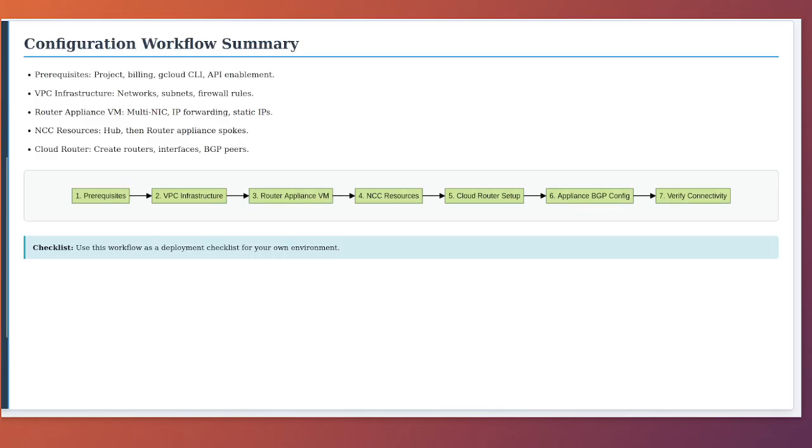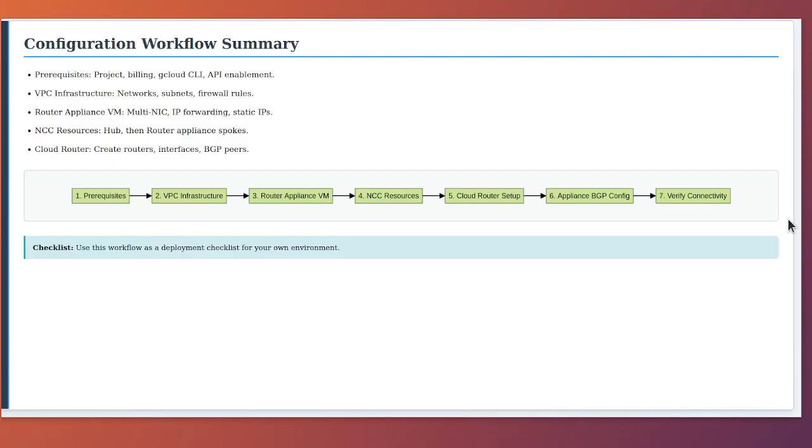Configuration workflow summary. Let me provide a summary of the complete configuration workflow we walked through. This workflow can serve as a checklist when deploying Router Appliance in your own environment. The workflow begins with prerequisites: creating or selecting a project, enabling billing, installing the gcloud CLI, and enabling the Network Connectivity API.